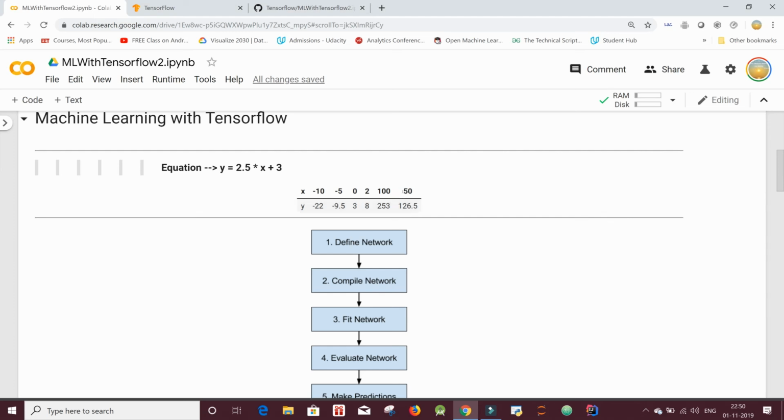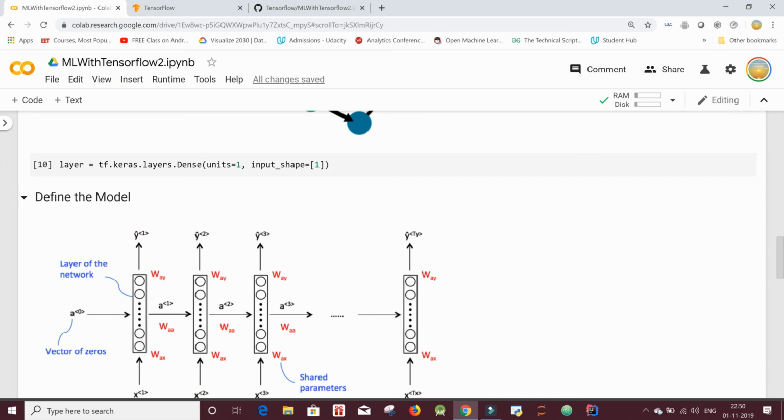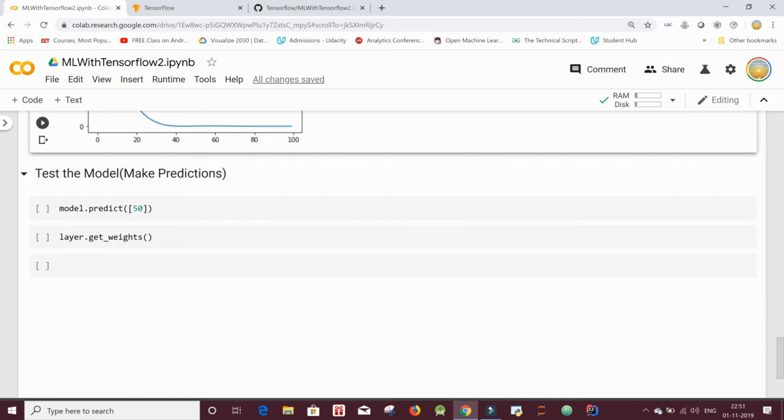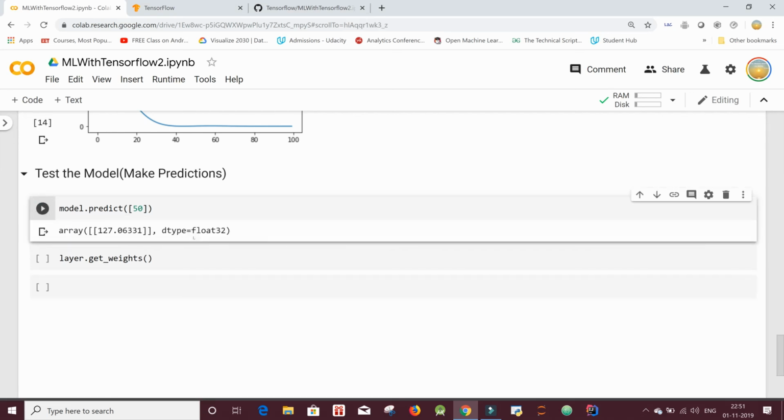The input is 50, x equals 50, and I'm getting my y as 126.5. So let's see what this model is predicting. If I'm passing 50, model.predict is giving me the answer, that is my y, as 127. Okay, so the correct answer is 126.5, not bad.